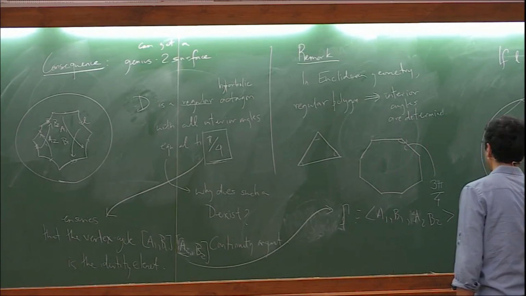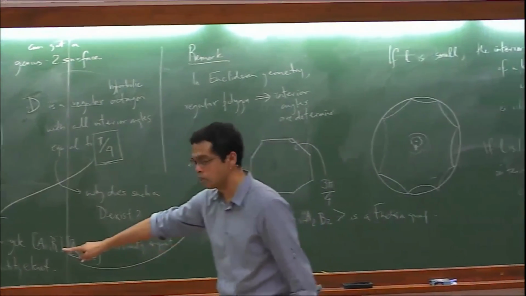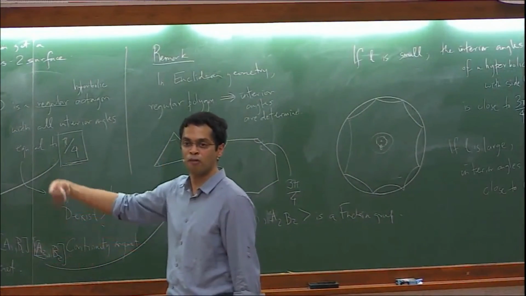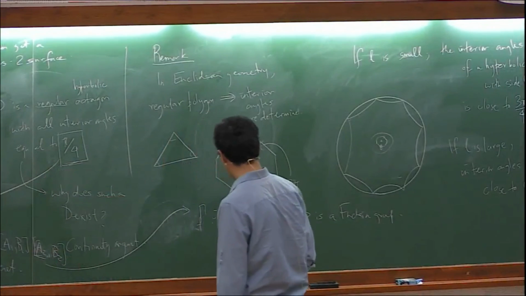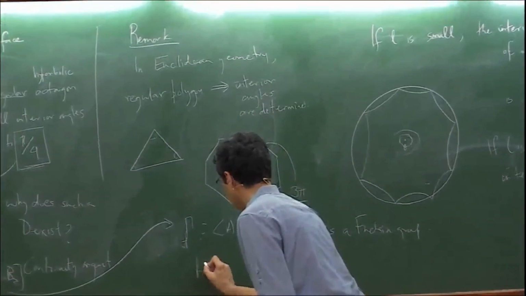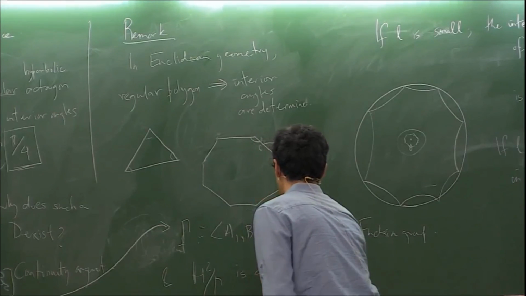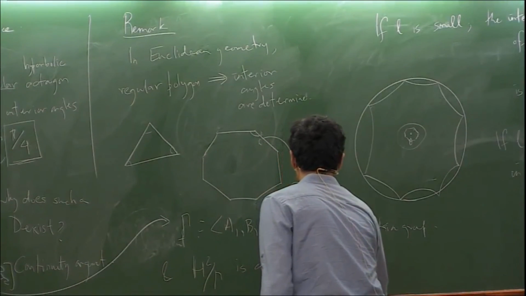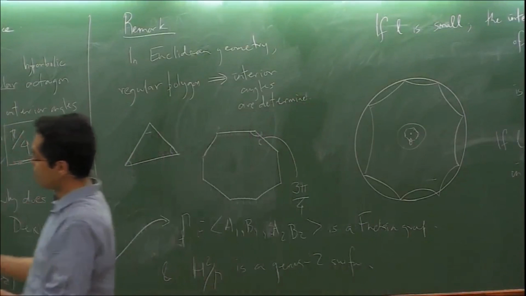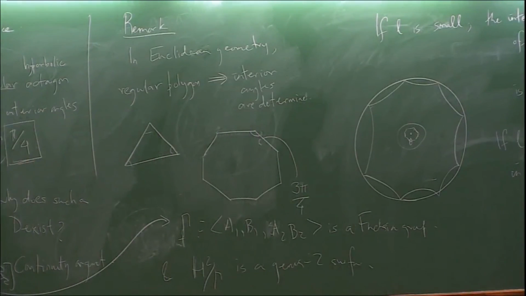It will have this one relation, which I'm not writing down. So it's the fundamental group of a genus 2 surface, and its quotient by gamma is a genus 2 surface. Conversely, if you cut along certain curves on a genus 2 hyperbolic surface and open it out, you'll get a polygon which looks like this.